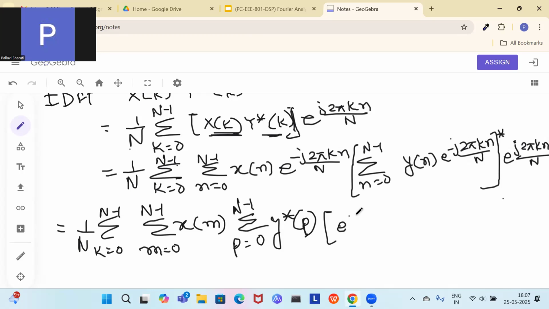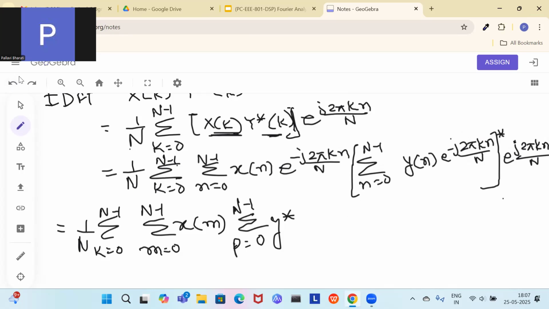So it is e to the power minus j 2 pi by capital N. Also k is common: k is here, in this also you have k, in this also you have k. If I take plus over here, then it is e to the power j 2 pi k by capital N. What we are left with is... okay, it will be better if I do this part a bit later.